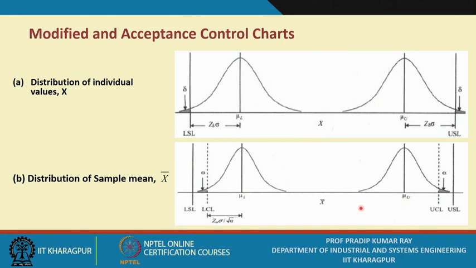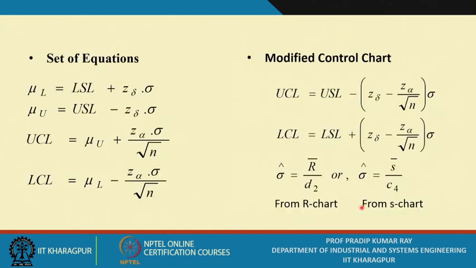Now you write down the set of equations. If you refer to the two figures, you will find that mu L is LSL plus Z delta into sigma. Similarly, mu U is USL minus Z delta into sigma. And so the UCL is ultimately mu U plus Z alpha into sigma by root n, and LCL is mu L minus Z alpha sigma upon root n.